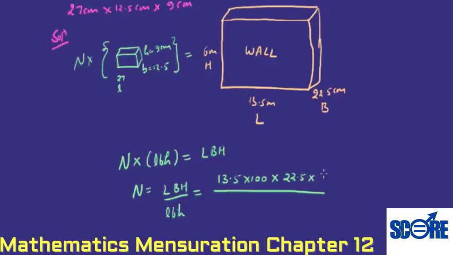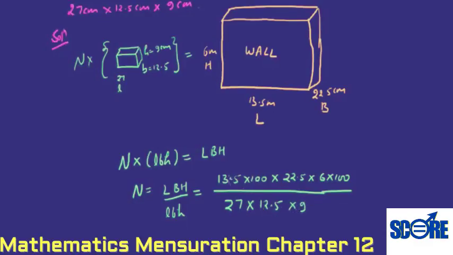The height is 6 meter, so we multiply with 100 to convert it into centimeter. Now it is divided by the volume of the brick. All the units of the brick are in centimeter, so there is no need to convert it. So 27 into 12.5 into 9.